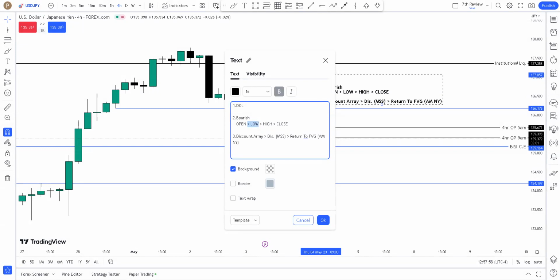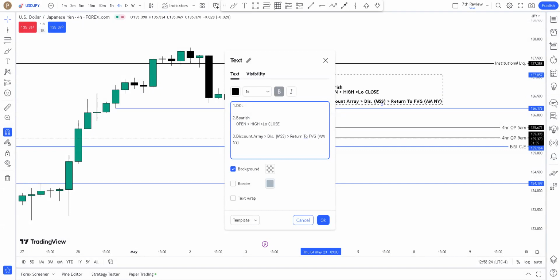Open, high, low, close scenario. That's what I want to see. So right here, what do we have? Let me just re-edit this. That is for a review I was doing a couple of hours back when I had a bullish draw on liquidity, a higher draw on liquidity. So that's why we're seeing that.